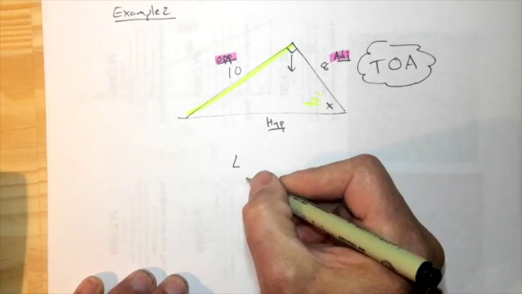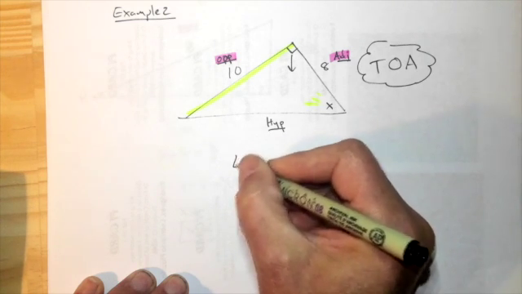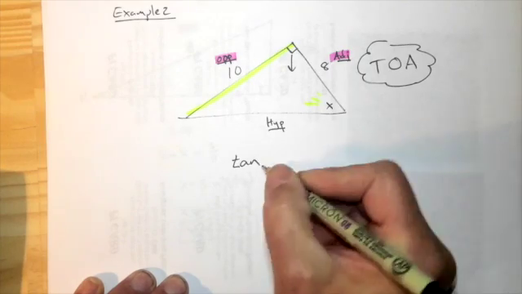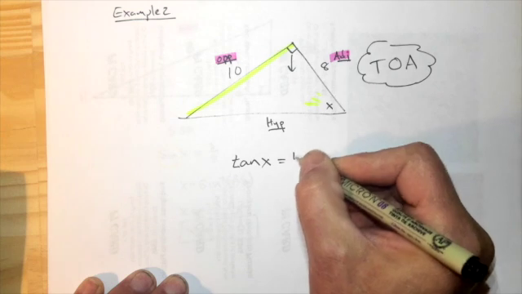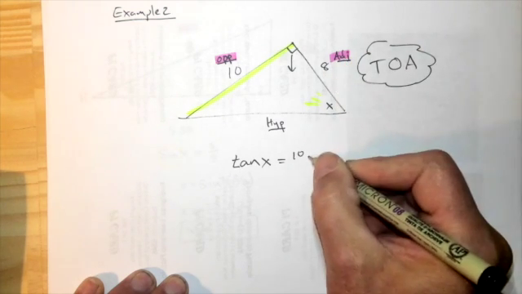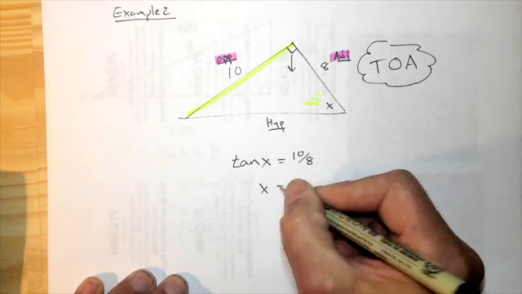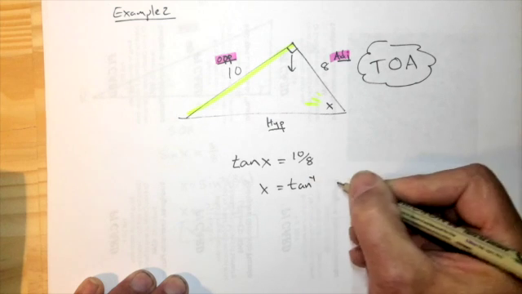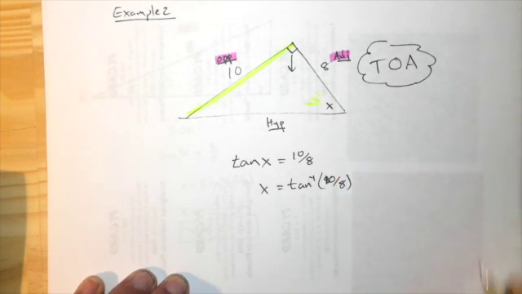So the tangent of my angle x equals the opposite, which is 10, divided by the adjacent, which is 8. Okay, now I take my inverse, and this time it's an inverse tangent. So I have tangent -1 of 10 divided by 8.